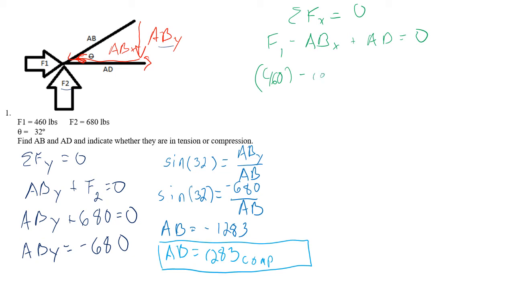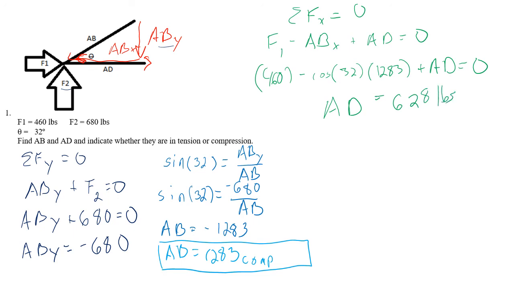So we're going to say cosine of 32 times AB, which is 1283. And because we switched the arrows, we leave that as positive. And then plus AD equals 0. And AD, when we solve for that, equals 628 pounds. And since that's positive right from the bat, we didn't have to switch it, it's tension.